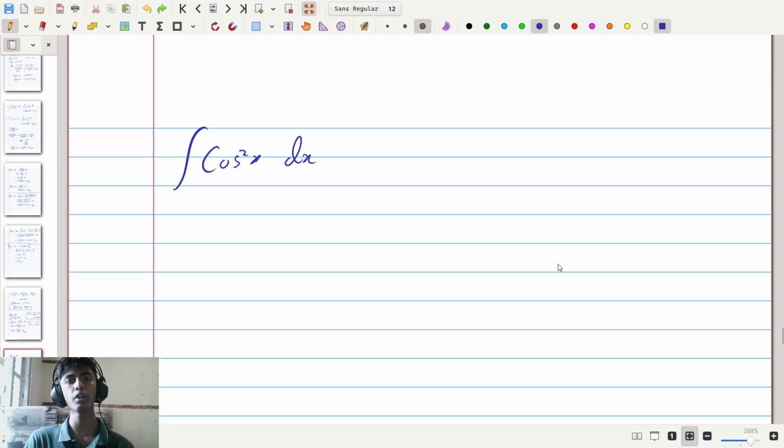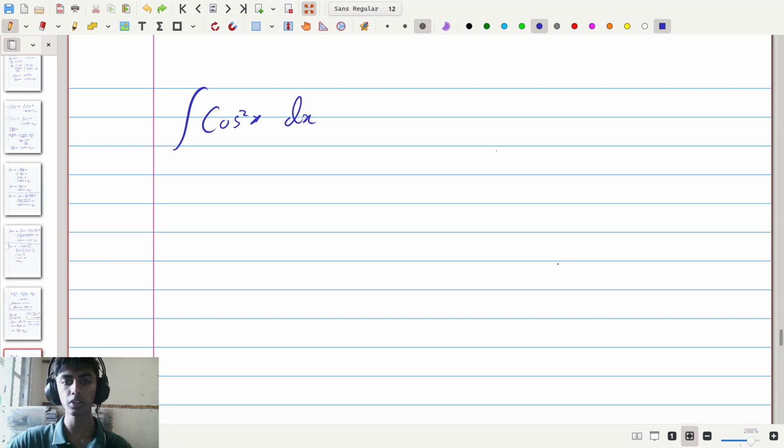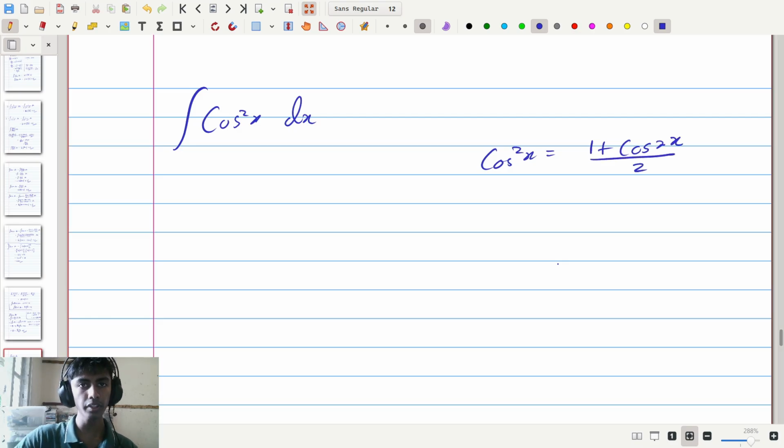Therefore, the cosine² of x is equal to 1 plus the cosine of 2x divided by 2. Substituting that in, the integral of cosine² of x with respect to x is equal to the integral of 1 plus the cosine of 2x divided by 2 with respect to x.